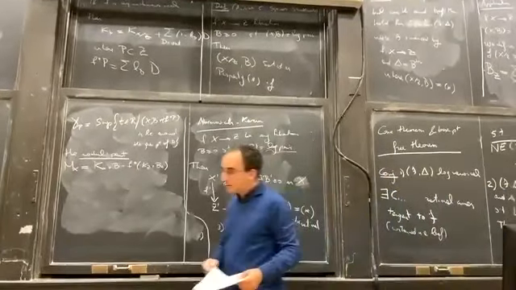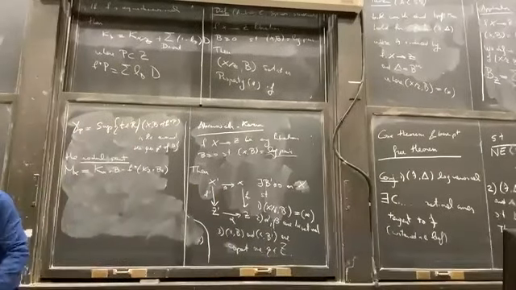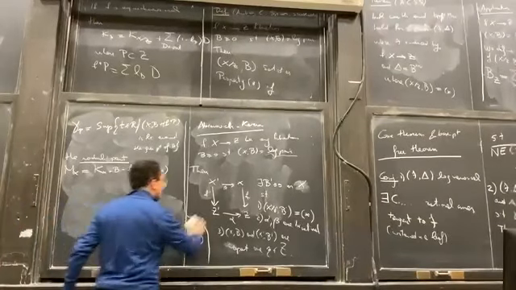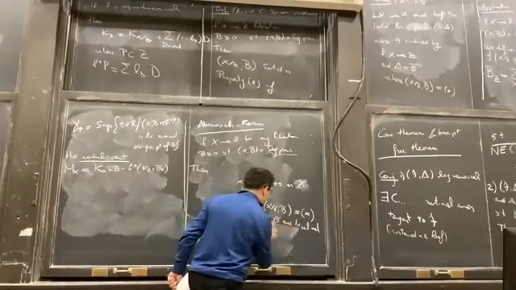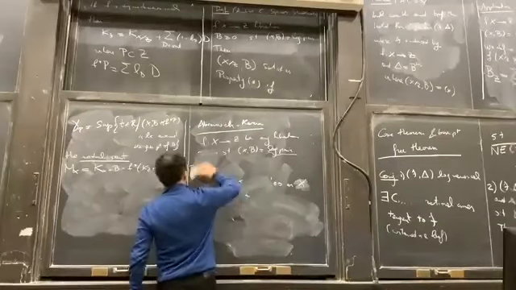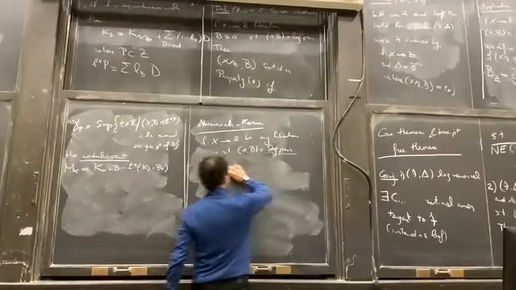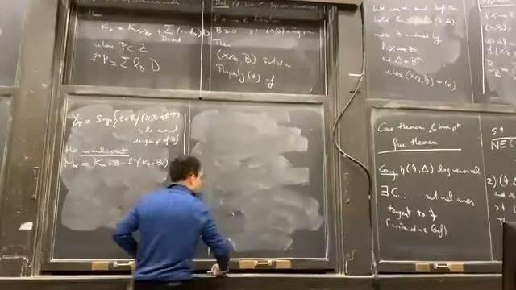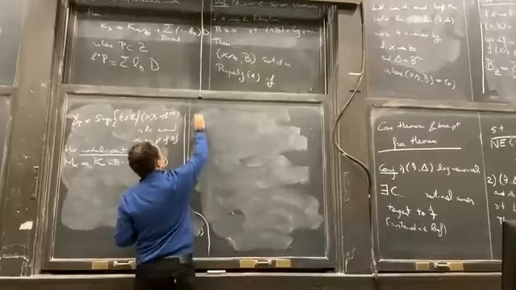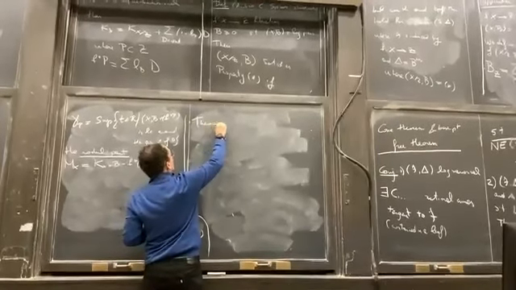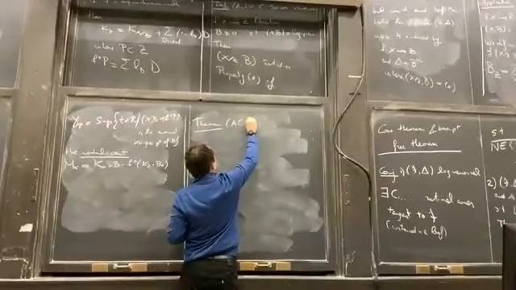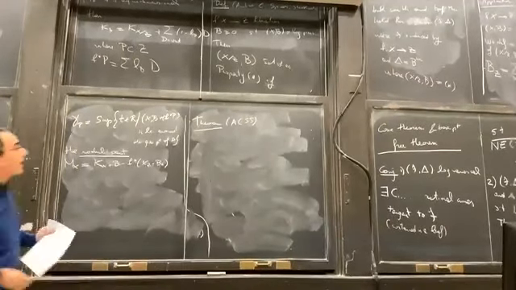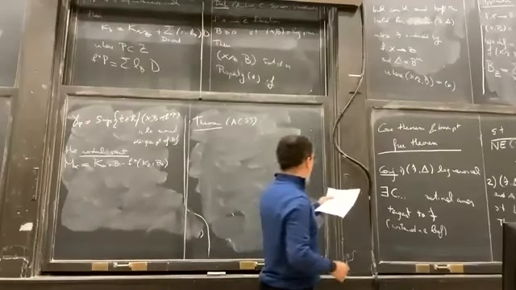Okay, so let me mention the theorem. And I'm trying to finish in time. So this is the same thing. Again, one more time, let's suppose that we have a pair like before.